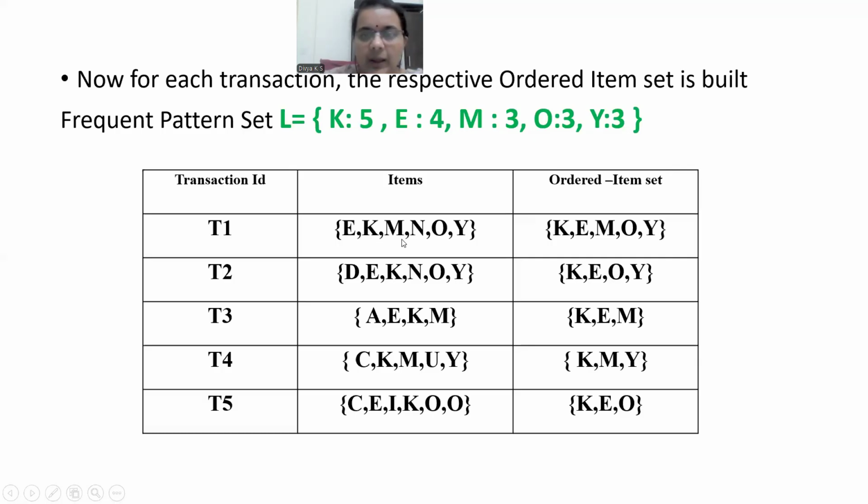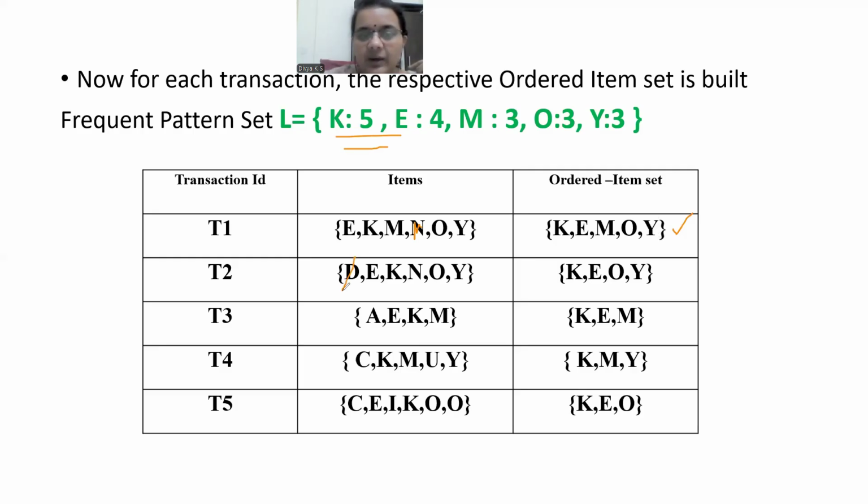M is there, and N. But N had a frequency of less than 3 in the frequency table, so N is not for us and we can't take it. Now O is there, Y is there. So these are the ones we write here. But when writing, make sure the highest value is written first. So K is written first, then E, M, O, Y. In that order you have to write.